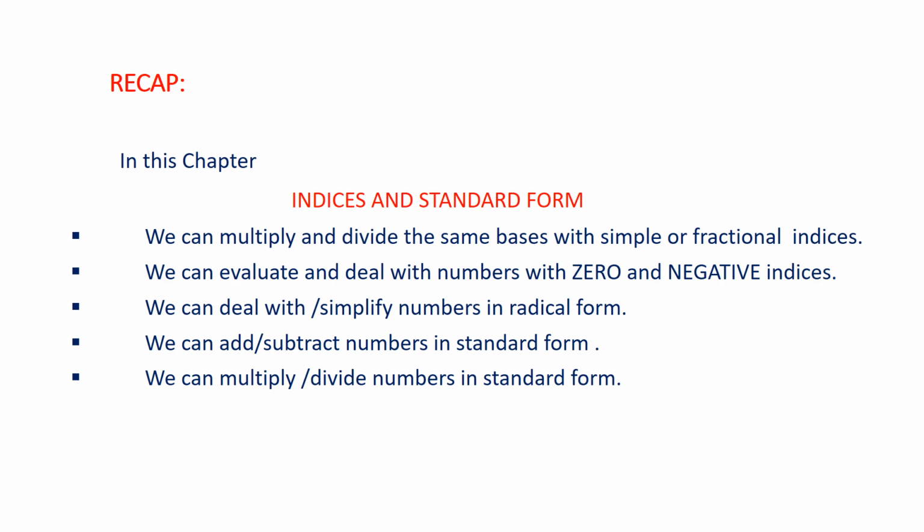We can deal with or simplify numbers in radical form. Similarly, we can add or subtract numbers in standard form, or we can multiply or divide numbers in standard form. These are the main concepts and ideas which we have learned in all these lessons.